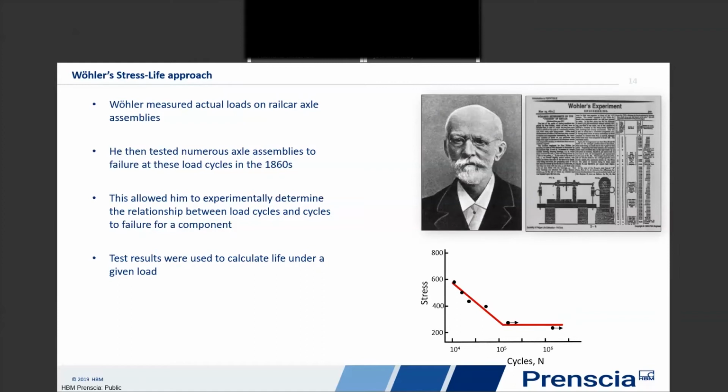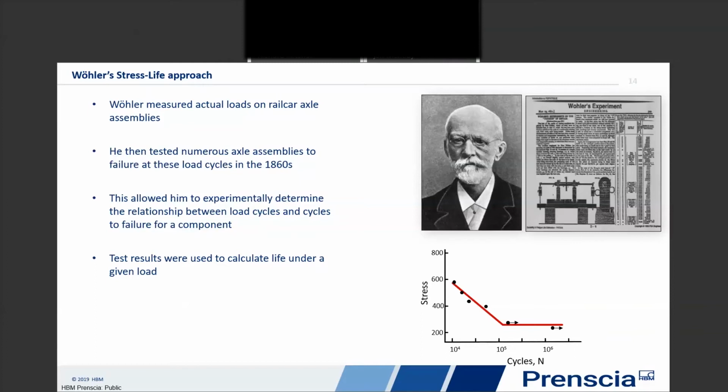He then developed a test rig that would actually rotate the axles loaded and test his individual axles at the real loads they were seeing, and he was able to design basically a fatigue curve that he could use to predict life.